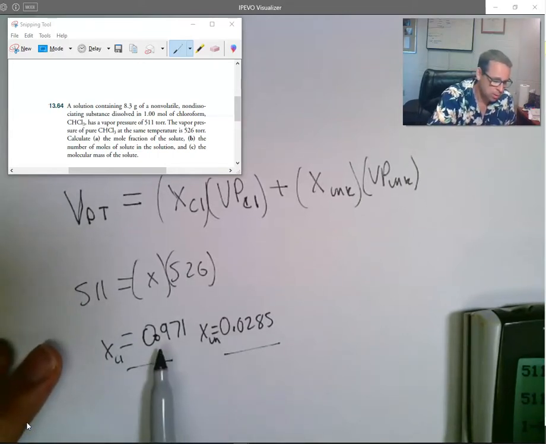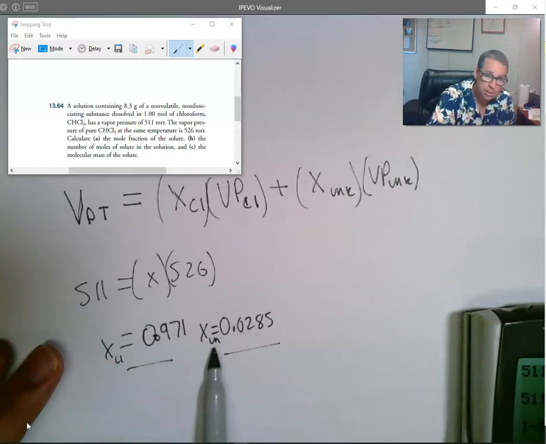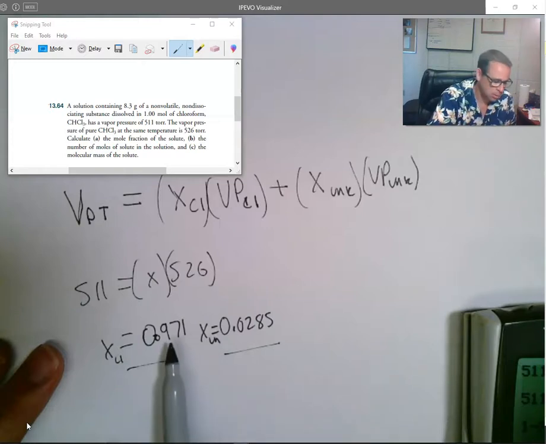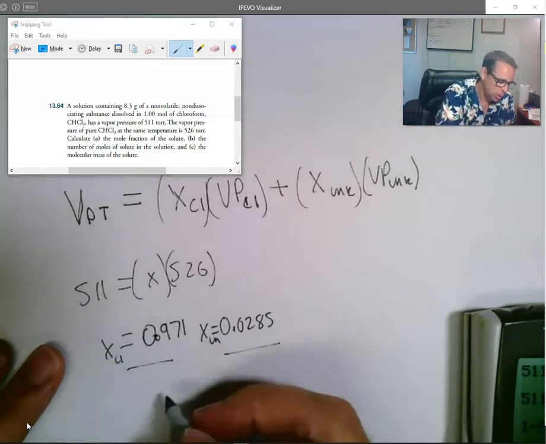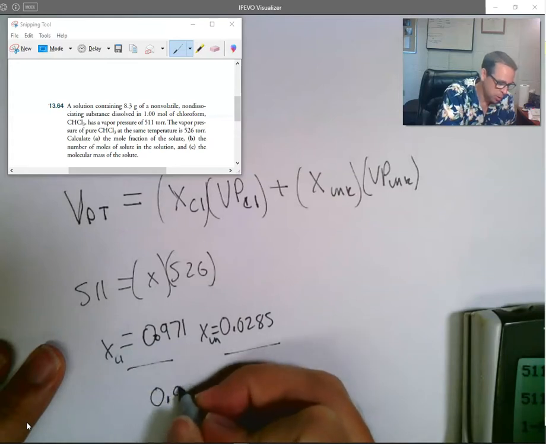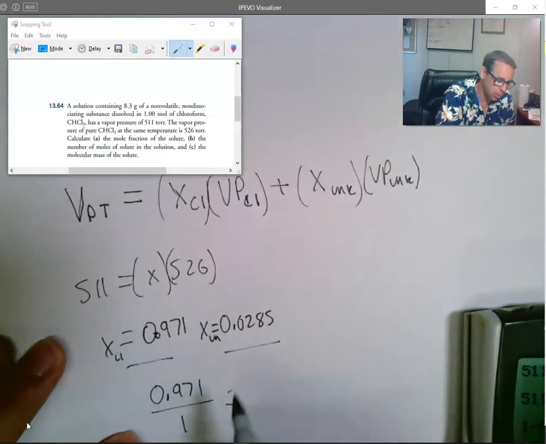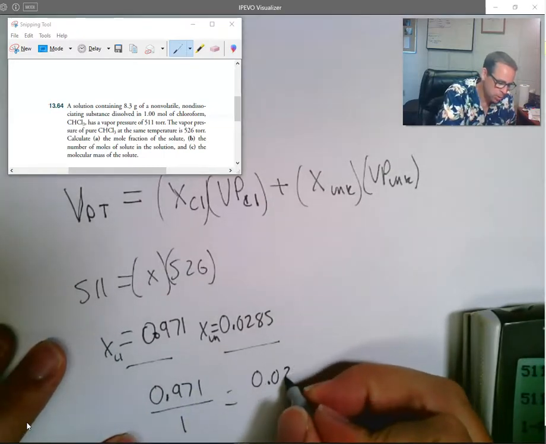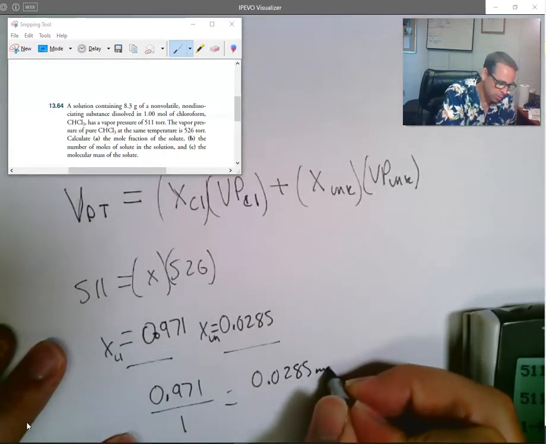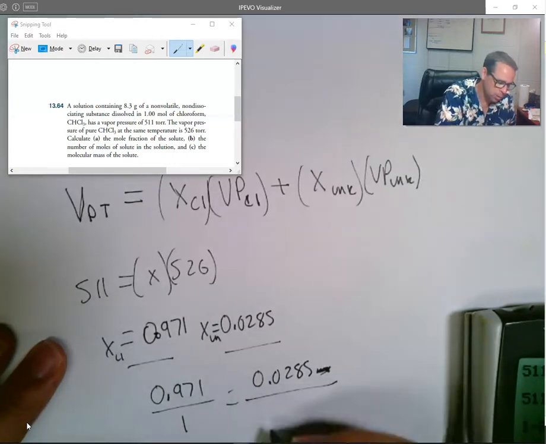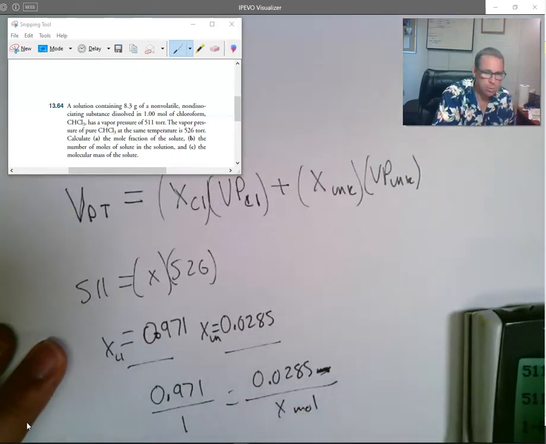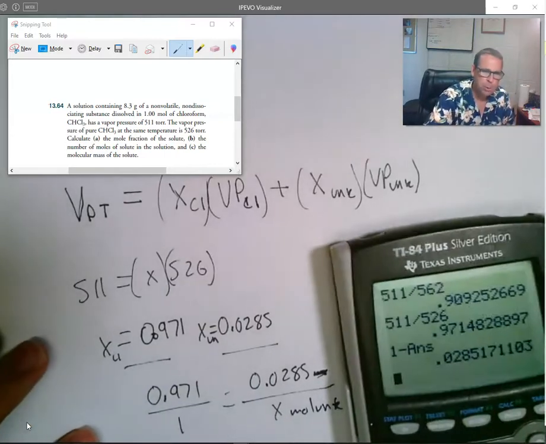Just like 0.97 moles of this for every 0.028 moles of this, because we're told that there's actually 1 mole of this chloroform, we can set up this relationship where the mole fraction 0.971 is equivalent to the 1 mole of the material, and 0.0285 is the mole fraction of the unknown, and we can identify how many moles of our unknown must be in our sample.